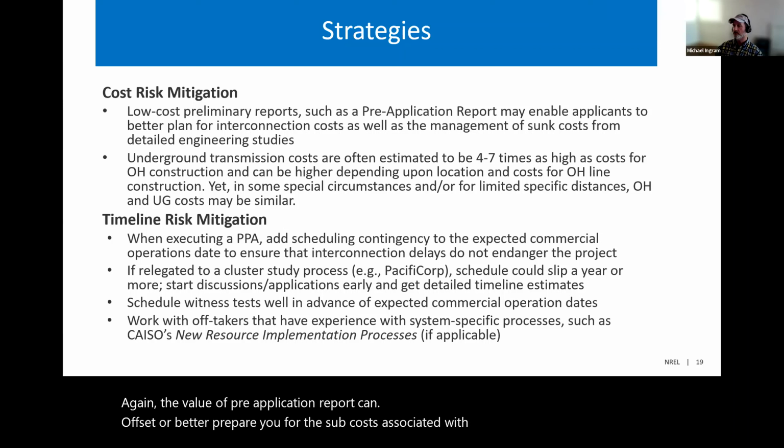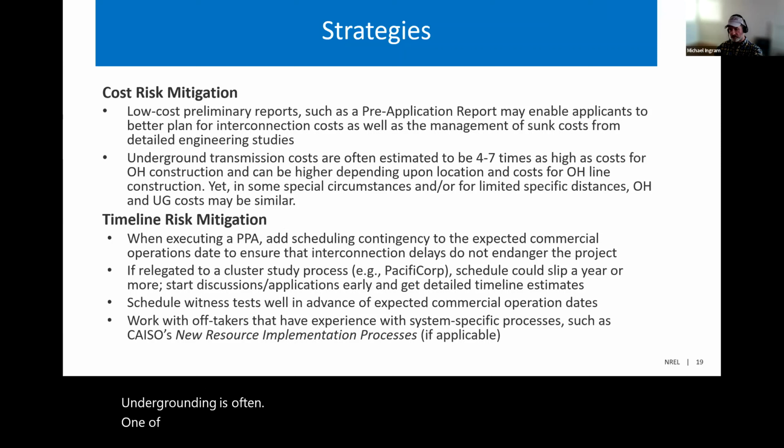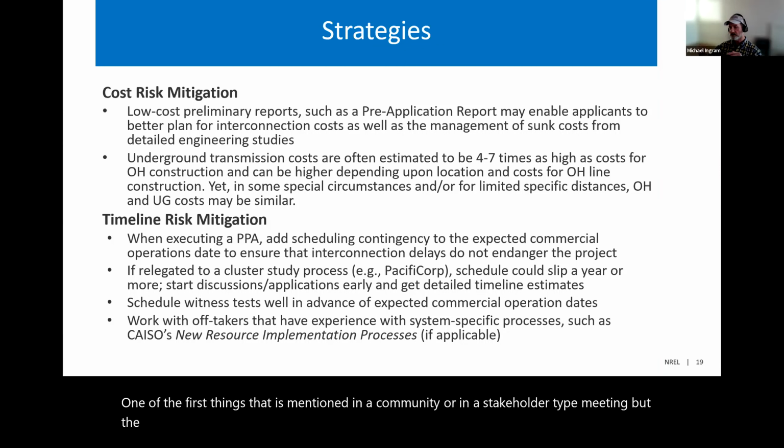Undergrounding is often one of the first things mentioned in a community or stakeholder meeting, but the costs can be very, very expensive, 4 to 7 times that of overhead transmission.